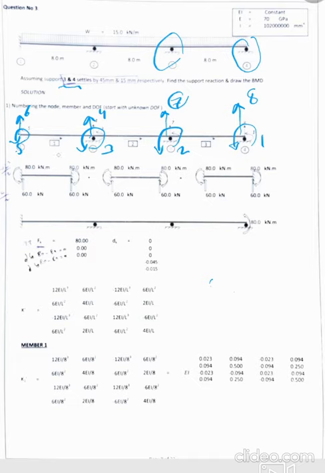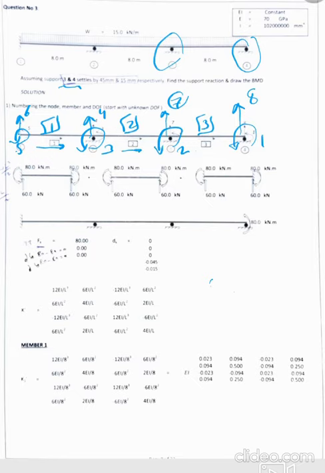And then cut the member into 3 parts. This is member number 1, member number 2, and this is member number 3, to make it easy for you when you solve. Also give the direction, from right to left or left to right, up to you.